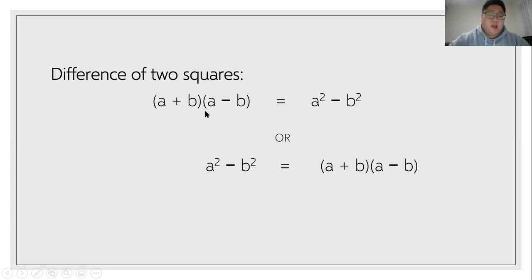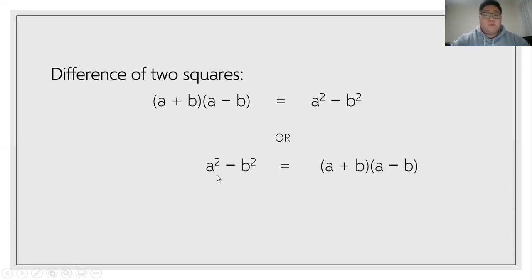Okay, now when you have 2 brackets next to each other, we know or we assume that that is multiplied. So we have this as the equation, or it can be written the other way around. a squared minus b squared equals (a plus b) times (a minus b). So we'll be looking at this equation here the most.